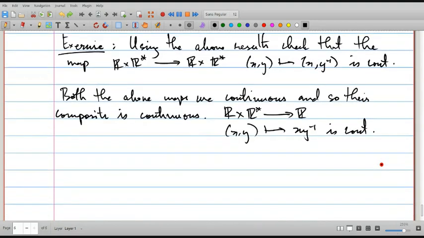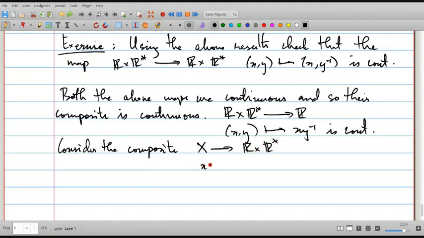Now consider the composite, given by x maps to f of x comma g of x. This, along with the above map, will get sent to f of x by g of x.